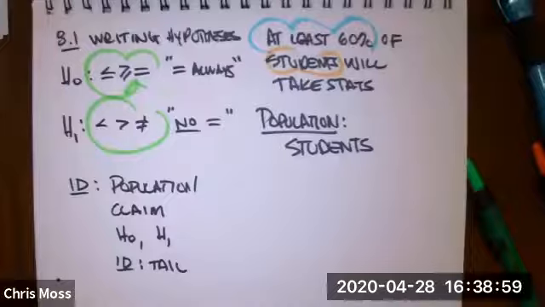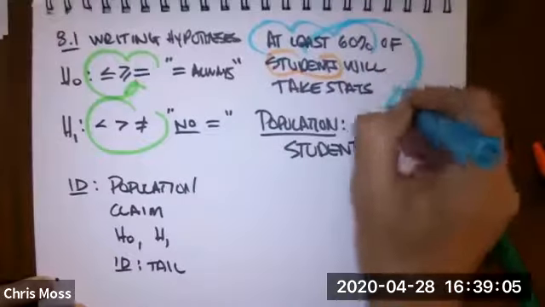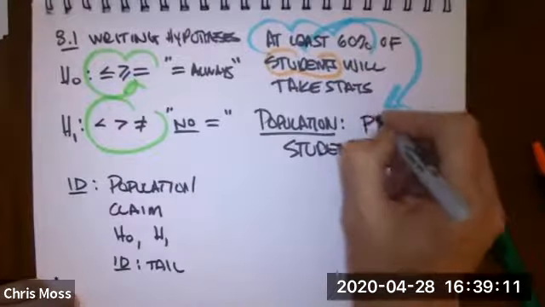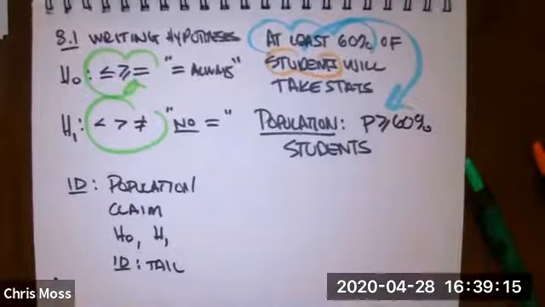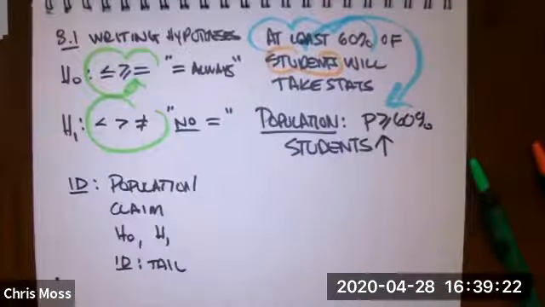And the idea is to translate that claim into some sort of mathematical statement. If I translate that claim, it's about a population proportion. P is greater than or equal to 60%. And I'll notice greater than or equal is a statement that includes equality.